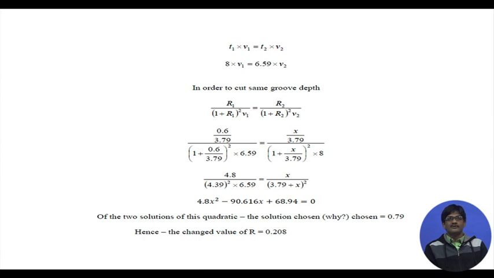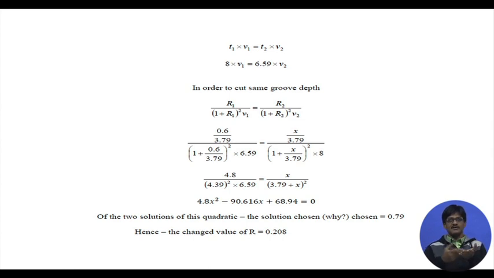We do not know the grooving velocities, neither V1 nor V2, but we know their ratio. V1 by V2 is equal to 6.59 by 8. So, V1 and V2, their ratio we are replacing by 6.59 by 8.